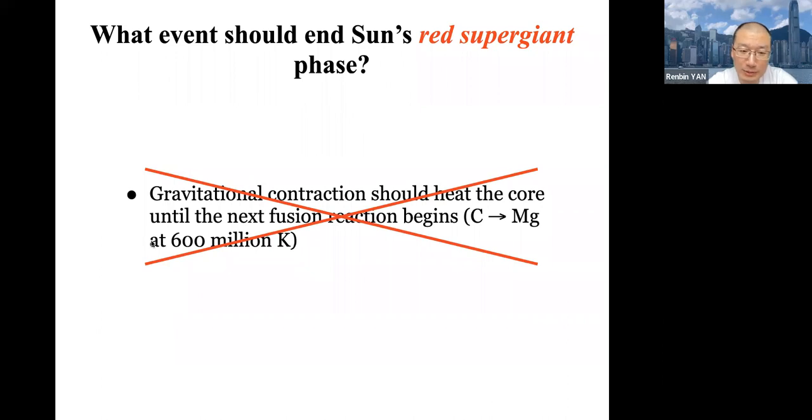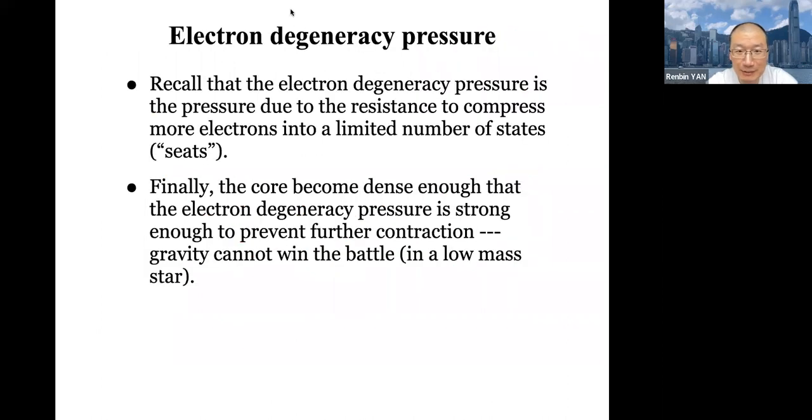If we are not able to reach that temperature, what is going to happen is that this thing comes in again: electron degeneracy pressure. This is the enemy of gravity, right? Gravity is trying to compress the star even more so that the temperature can get high enough to start fusing carbon into heavier elements. However, there is this enemy of gravity called electron degeneracy pressure. It kicks in again because to reach a higher temperature, you have to make the center very, very dense.